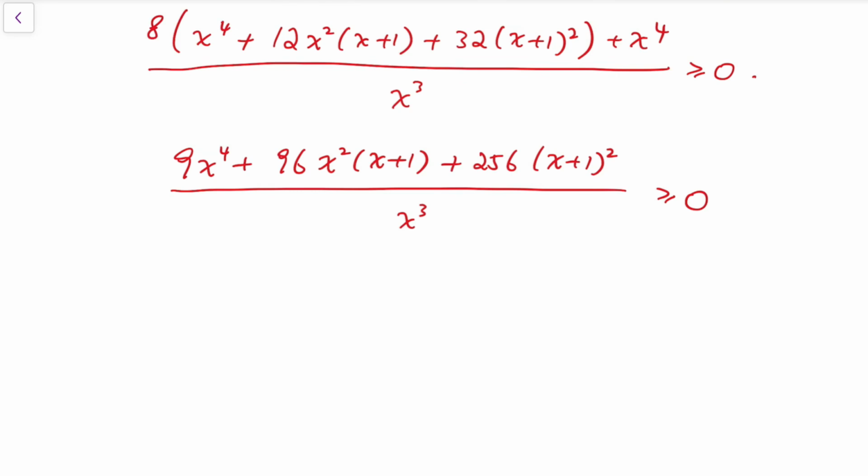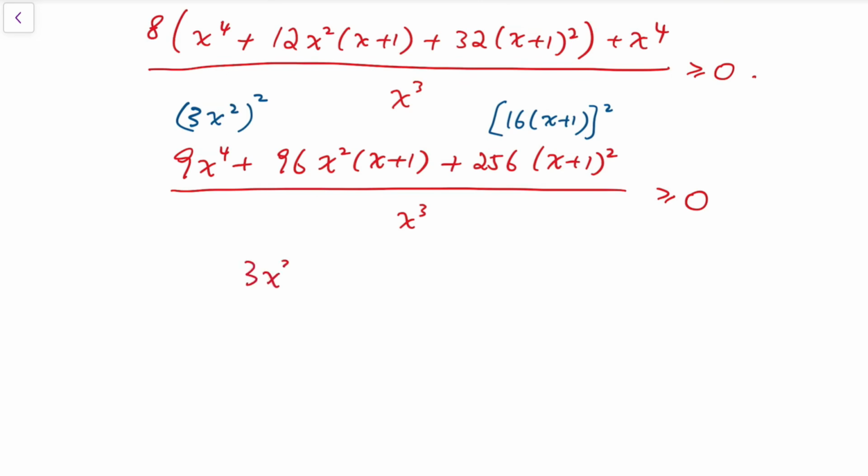And actually we can, because 9x to the power 4 is (3x squared) squared, while the last term, 256 times (x plus 1) squared, is (16 times (x plus 1)) squared. And the middle term will be 3x squared times 16 times (x plus 1) doubled.